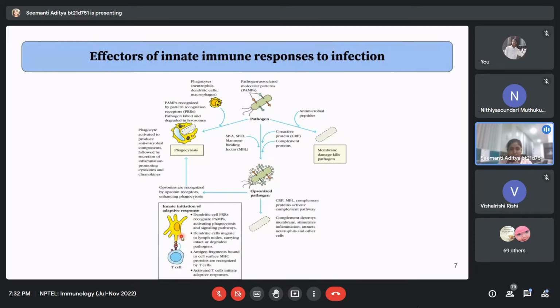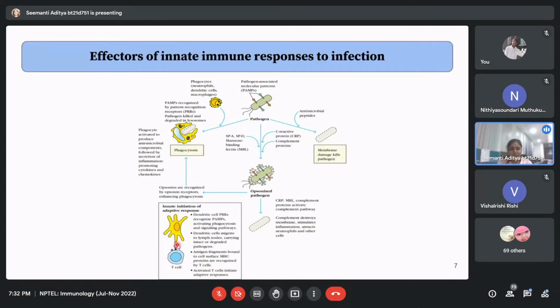The antigen fragments will bind to the MHC proteins expressed on the surface of the dendritic cells, and that processed antigen will be recognized by the T cell receptor, which will finally bind to it and cause the adaptive immune response and the killing of cells.